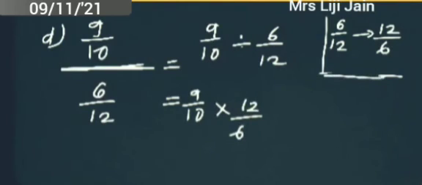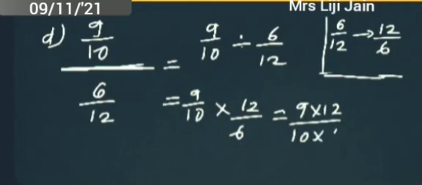Okay. Now it becomes 9 into 12 by 10 into 6. Can we cancel? Yes, 6 2s are 12, and down 1. And we can cancel 2 and 10. 2 1s are 2, 2 5s are 10. So finally, what is the answer?